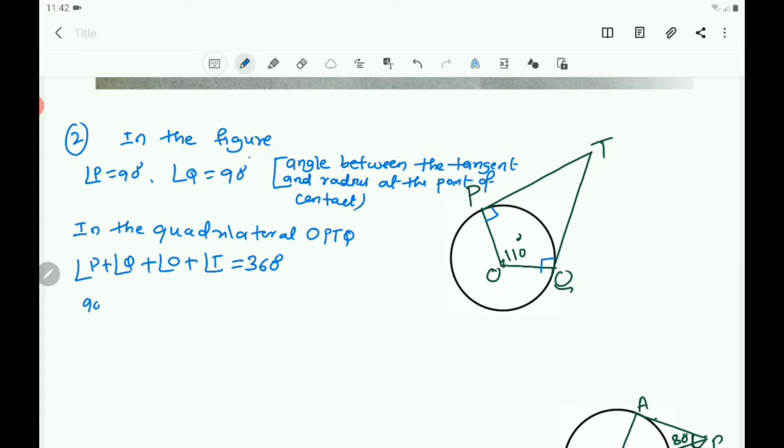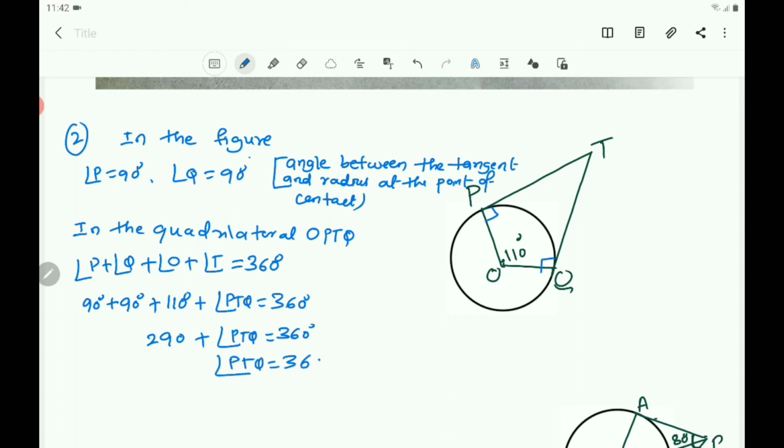Then angle P is 90 degree plus angle Q is also 90 degree. Angle O is given, that is 110 degree, plus angle T, that is the angle PTQ, equals 360 degree. Sum of these three, 90, 90, 180, plus 110, that is 290, plus angle PTQ equals 360 degree. Then angle PTQ equals 360 degree minus 290 degree equals 70 degree. The option is there.